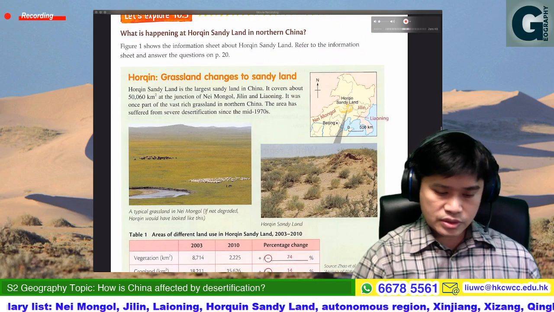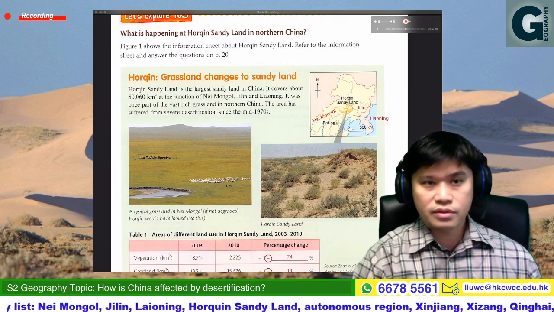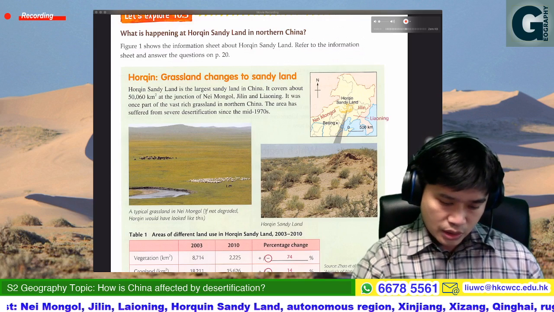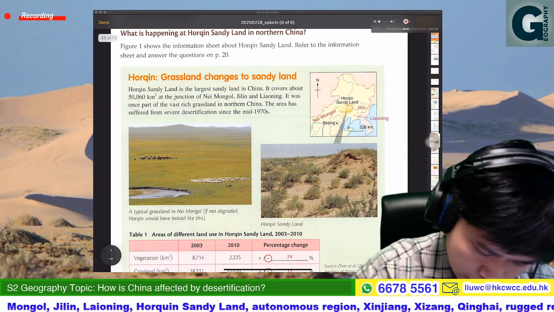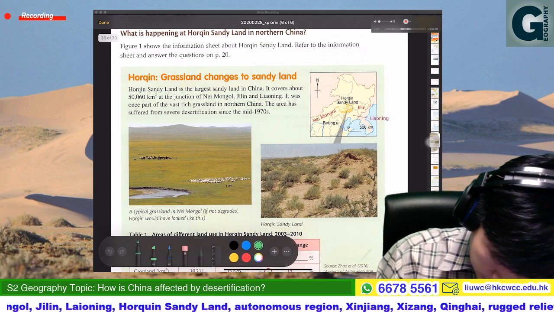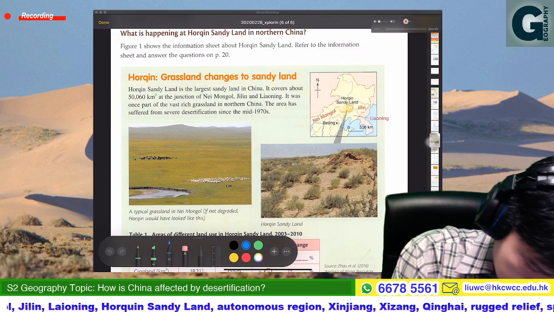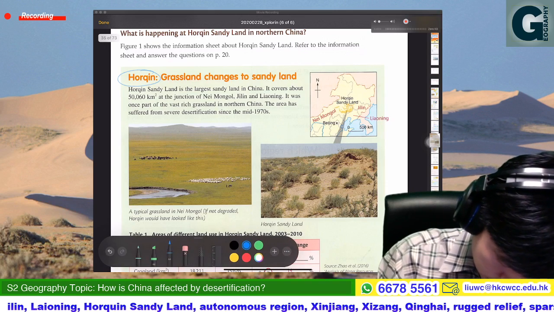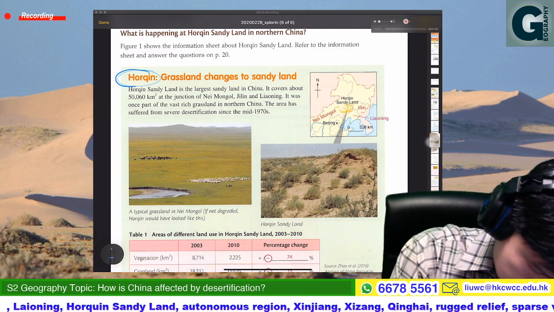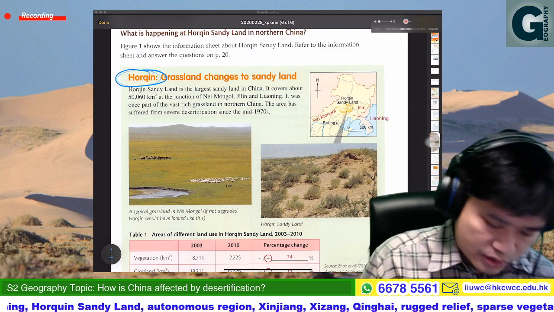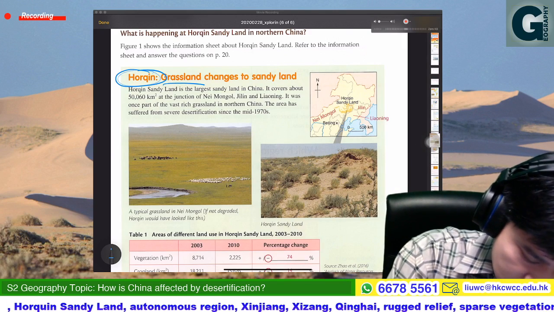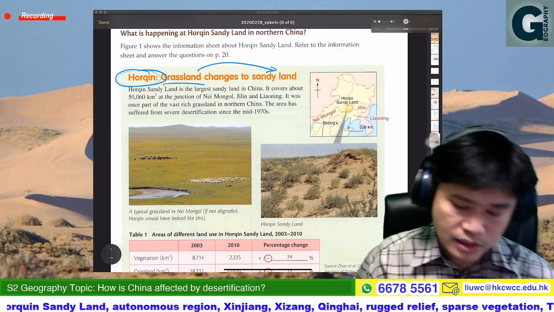You can see the first case study, which would be in Ho Chi. Here, Ho Chi, and you can see the title: grassland changed to sandy land.